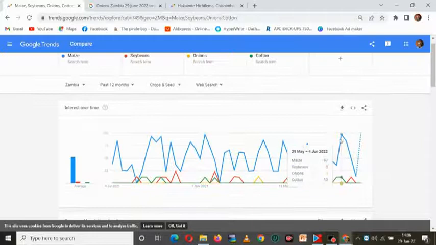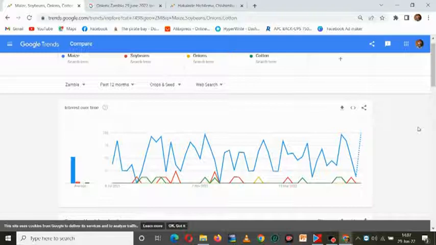But you see, like I've already said, although here we have probably 70% that what triggered these searches, the major trigger was probably growing these products.